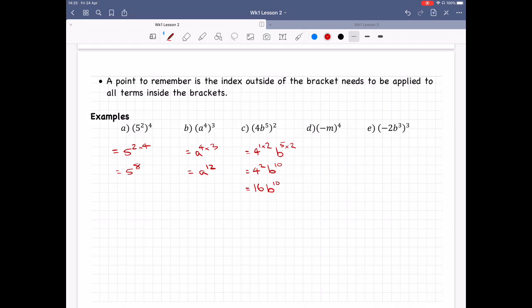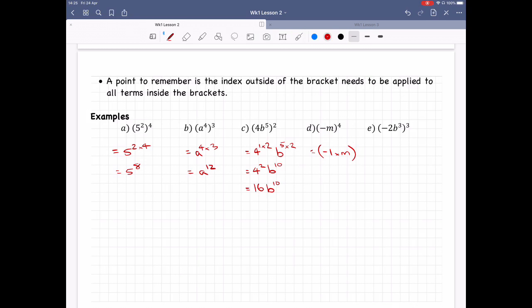so we can replace that with 16 b to the power of 10. Now, we can see here we have an interesting thing where we have minus m. So what that means is we actually have inside the brackets minus 1 times m. And that's what's going to give us this term here of minus m.